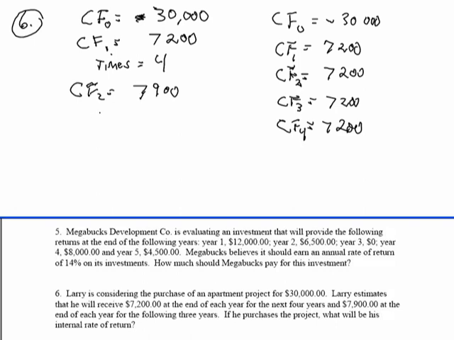So what I could do is tell the calculator to recognize that cash flow for 3 periods, for 3 years. It occurs 3 times. Or going back to the longer way, I could enter that cash flow 3 times in year 5, year 6, and year 7.